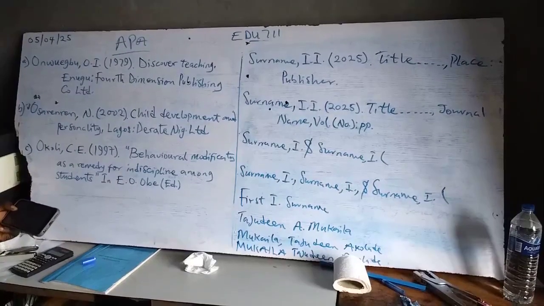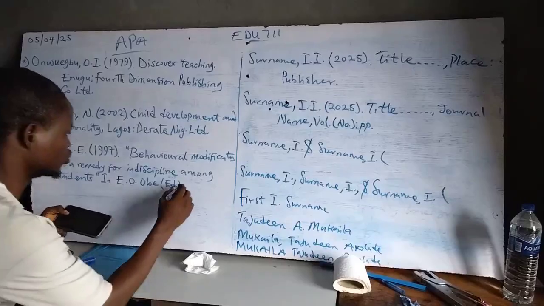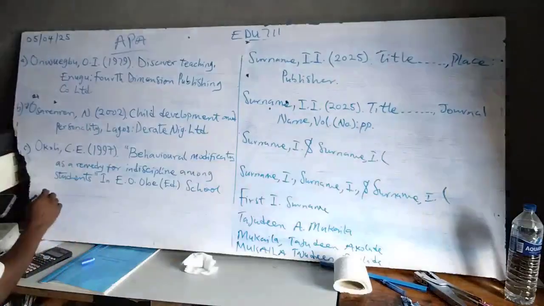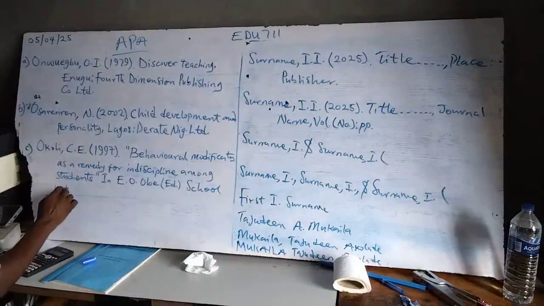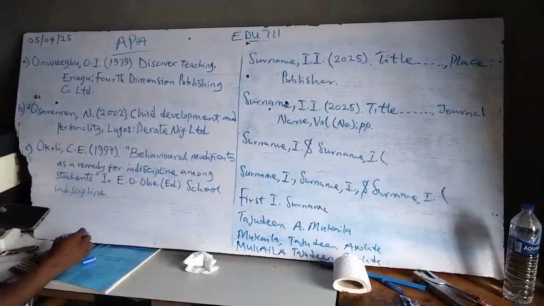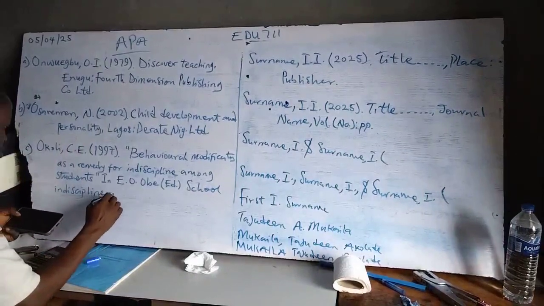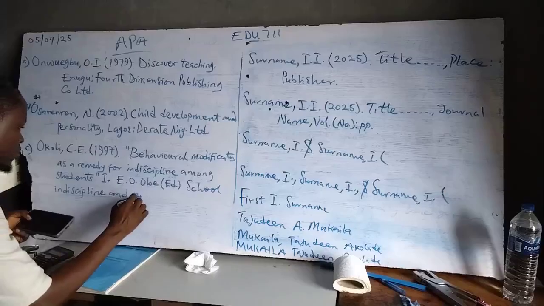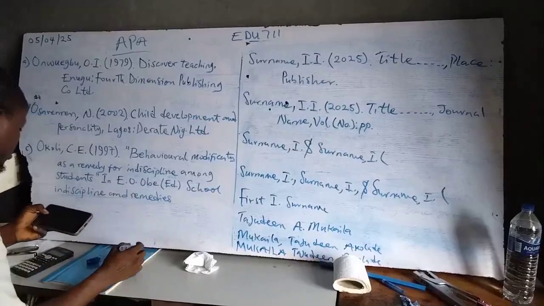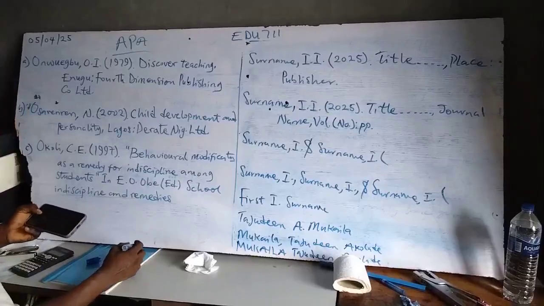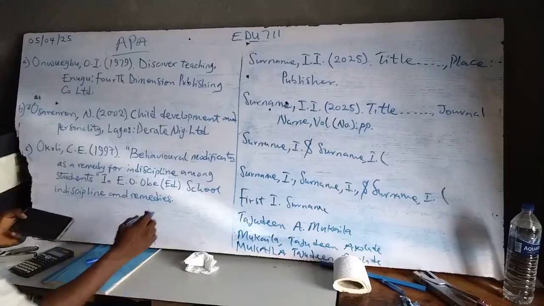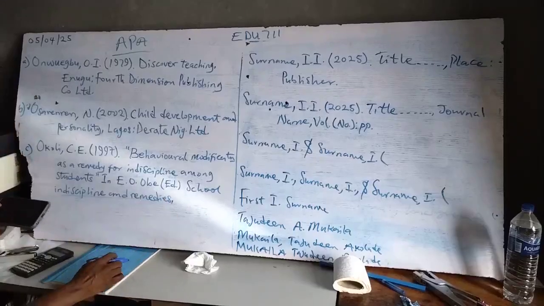Then the title of the book, School Indiscipline and remedies. Full stop. So we have a comma here.